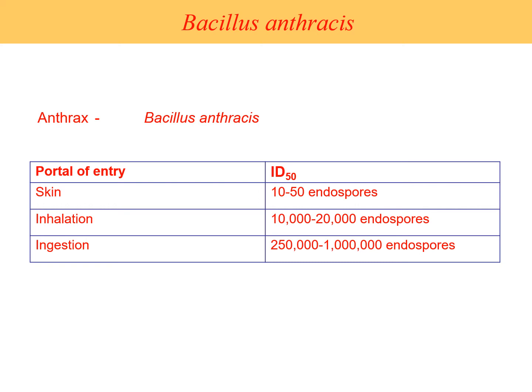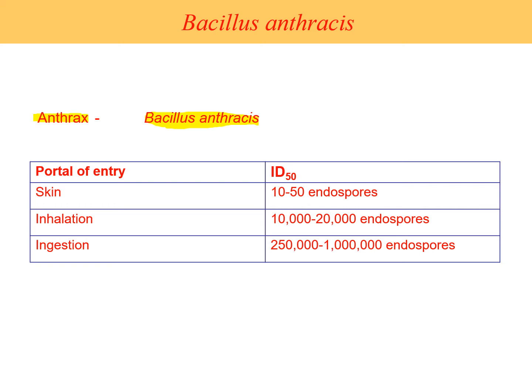And here is an example of an organism. Now we're back to the idea of portals of entry and multiple portals of entry. Some organisms, as I told you, can enter by several different routes. An example of that would be Bacillus anthracis, an organism that causes the disease anthrax. It is an endospore forming organism.